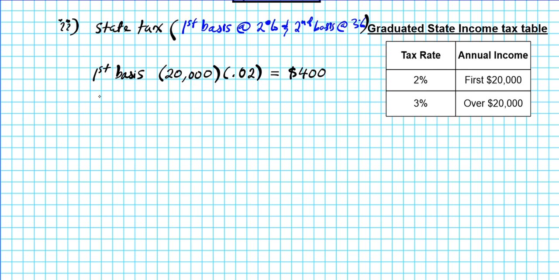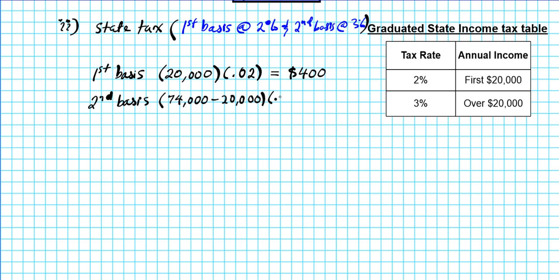Now there is a second basis that she has to pay because she earns over 20,000. So how much does she earn over 20,000? That should be taxed at the 3% rate. To achieve that, we will calculate the difference between her earnings and the dollar figure in the first basis, which is $20,000. We're going to be multiplying this by the tax rate in the second basis of 3%.